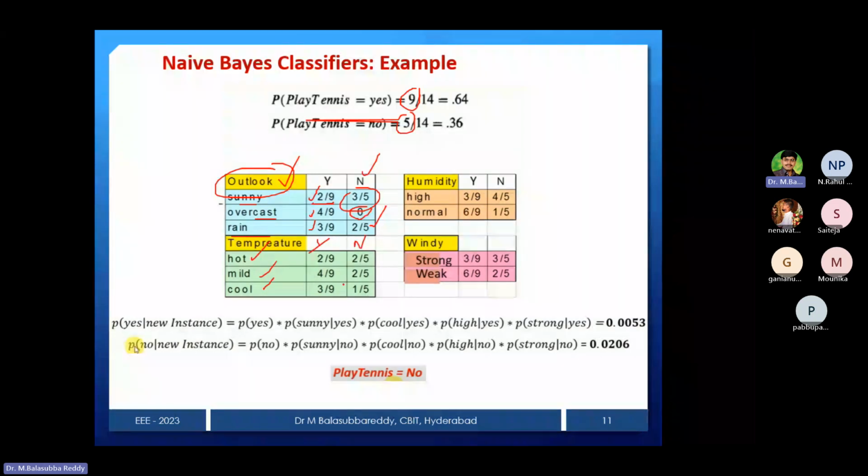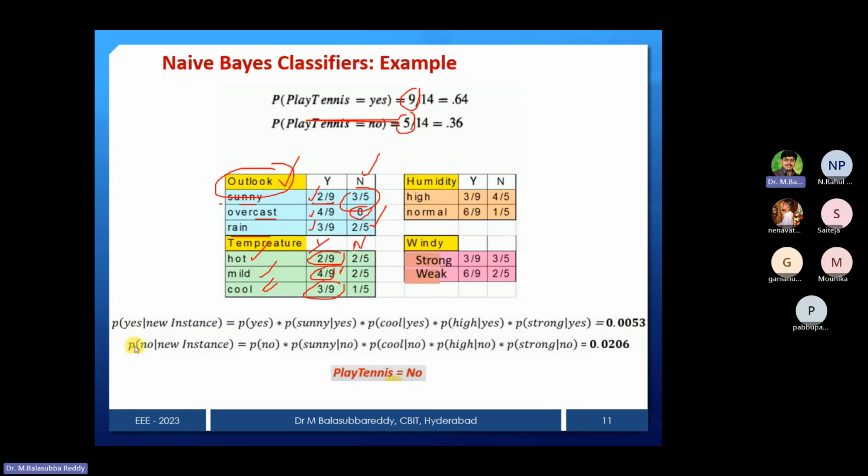From the data set only you can calculate, because in this yes case 9 yeses and 5 no's. In that 9, how many times is yes when hot? Temperature is hot. When temperature is mild, how many times yes he played? When temperature is cool, how many times he played? Like that, you can fill this table from the data set.